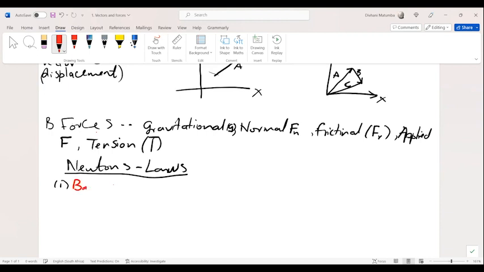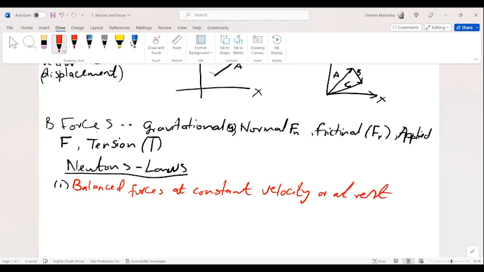So we will have balanced forces at constant velocity or at rest. Okay.